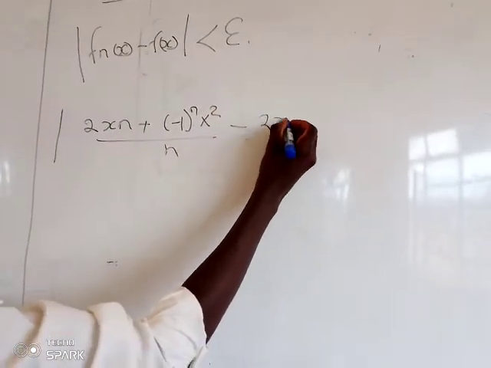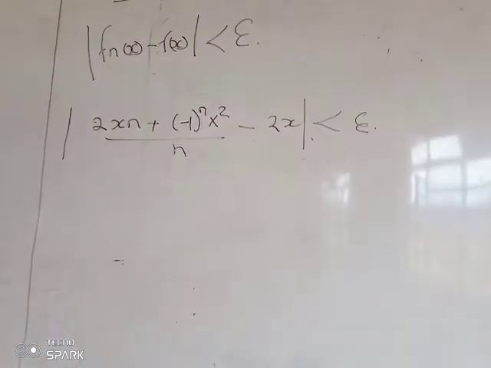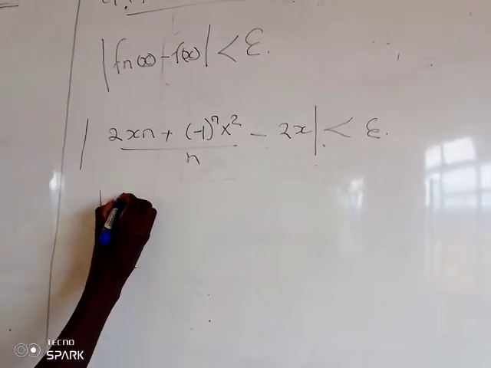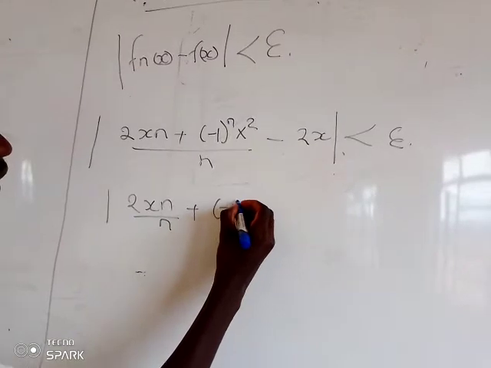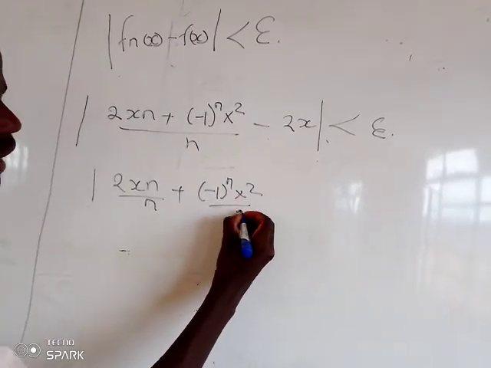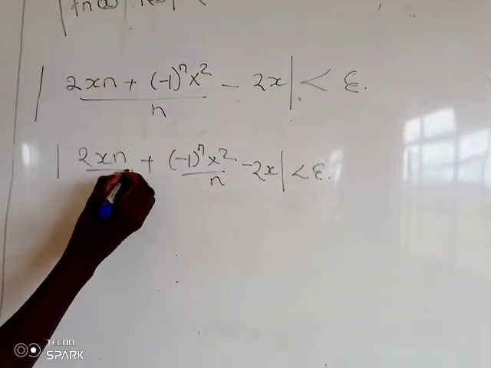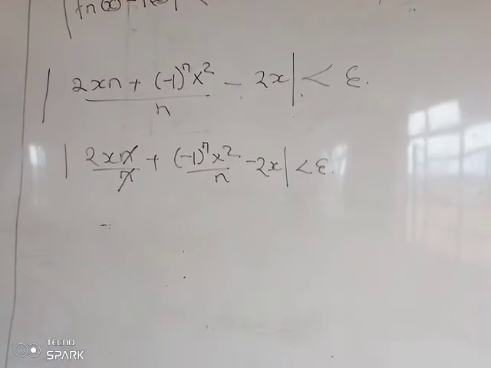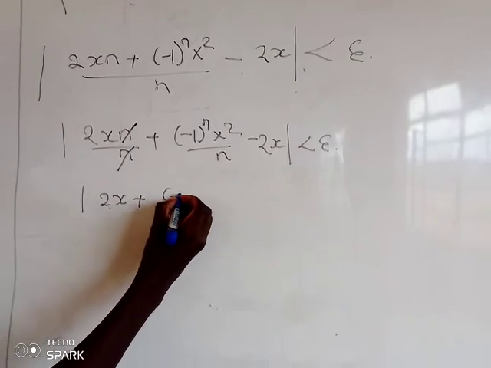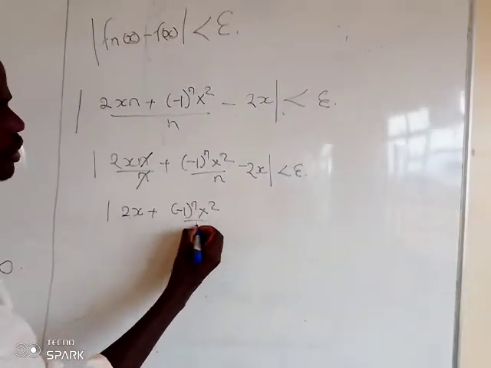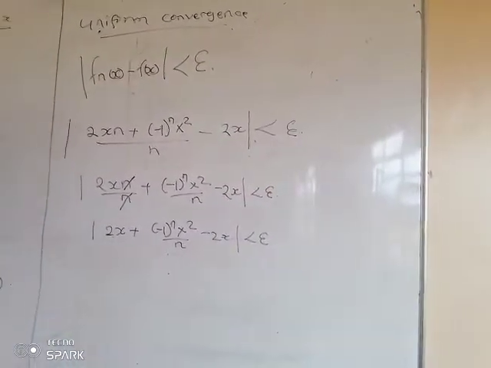Our f of x is 2x. This should be less than epsilon. So we say the absolute value of 2xn all over n plus negative 1 to the power n x squared all over n, minus 2x, is less than epsilon. n cancels with n. So we say the absolute value of 2x plus negative 1 to the power n x squared all over n, minus 2x, should be less than epsilon.